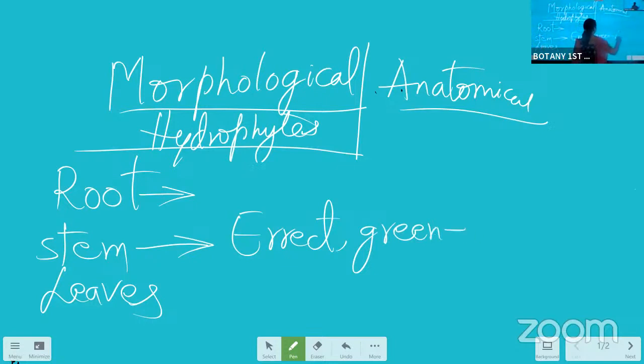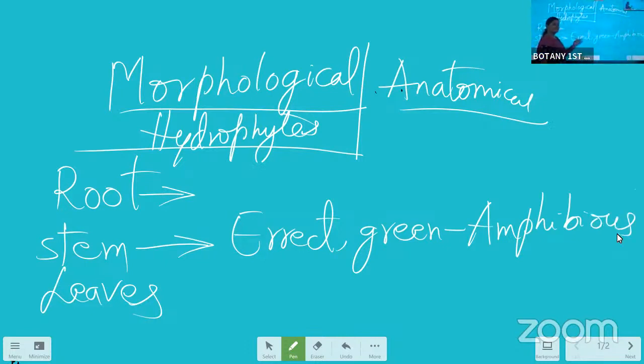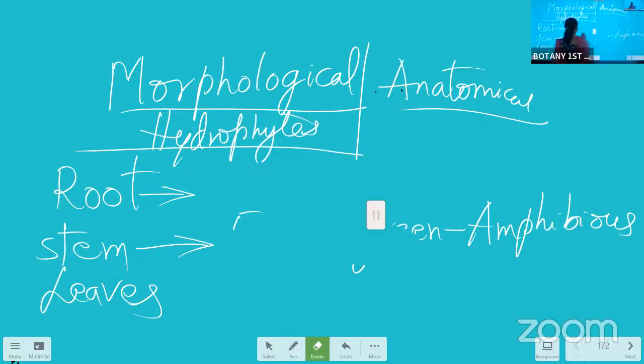What about the other plants? In the other plants, the stem shows different types. In Pistia, the stem is a subaerial stem modification, offsets. Like that only we have to write here.